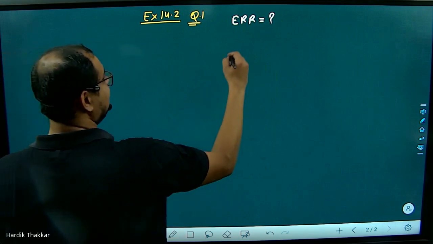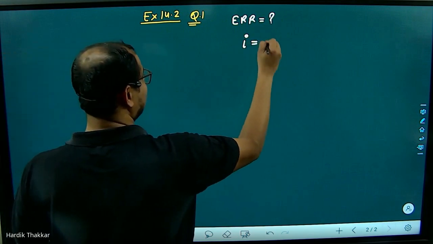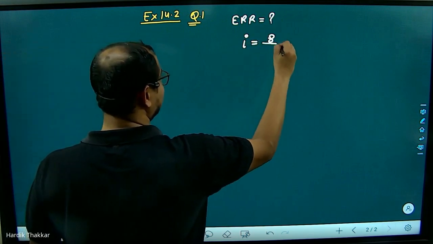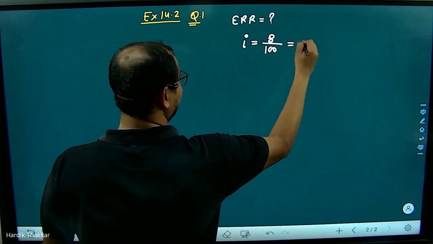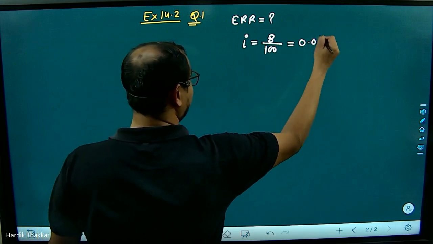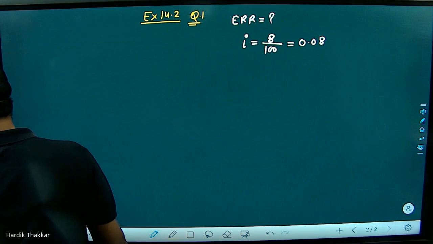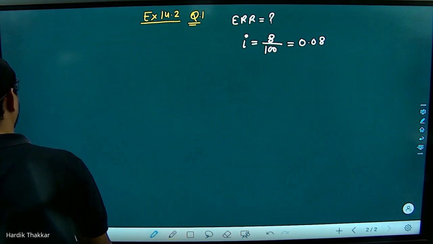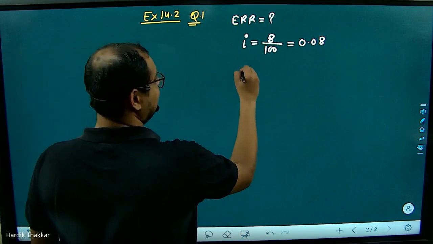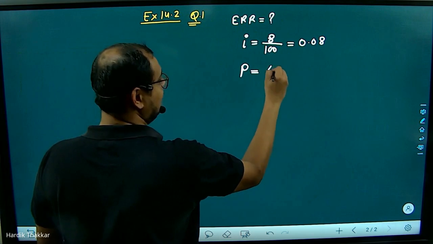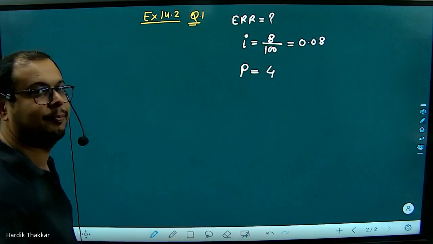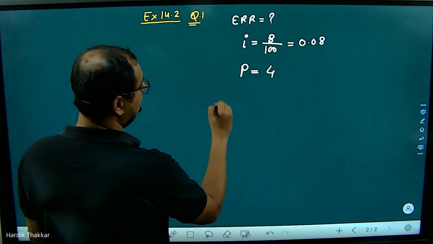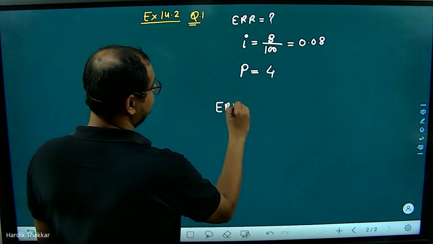So here the stated rate of return means I equals 8%, means 8 upon 100, which will be 0.08. Compounded quarterly. So it is saying that compounded quarterly, so value of P will be 4.